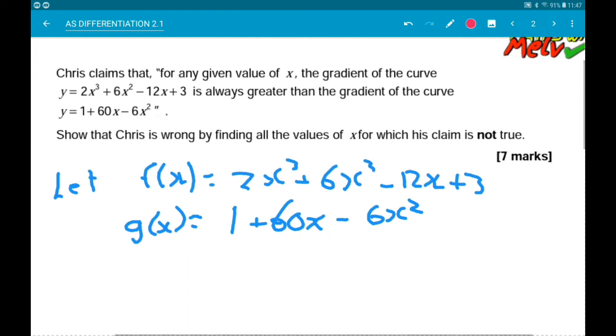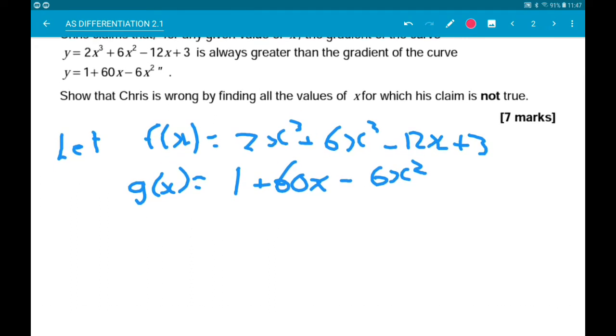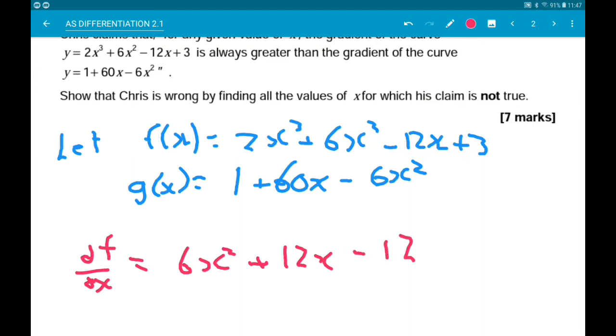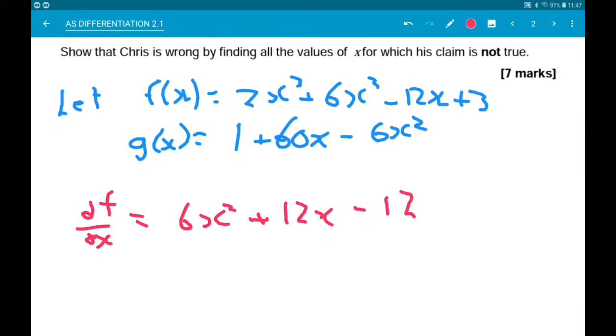So df by dx is going to be 6x squared add 12x minus 12, and dg by dx, that's going to be 60 minus 12x.